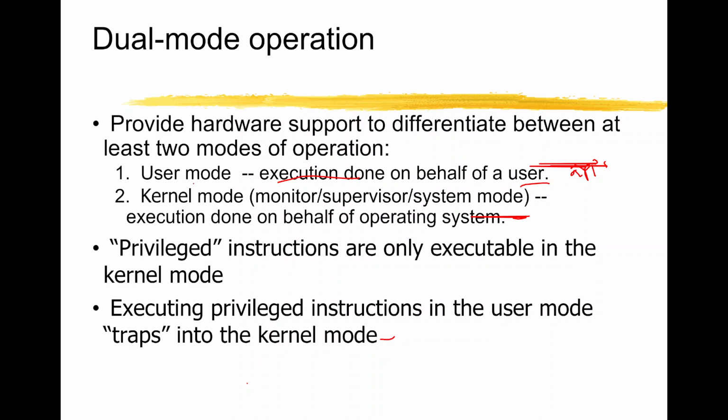Even if your software application asks someone to print a document, that instruction has to be given to the operating system. The operating system will then execute a privileged instruction to print or display things on your screen for you.